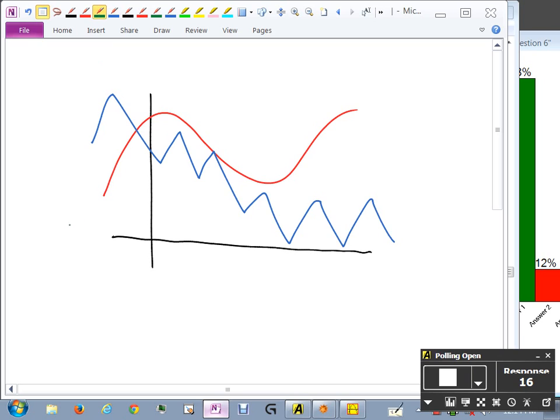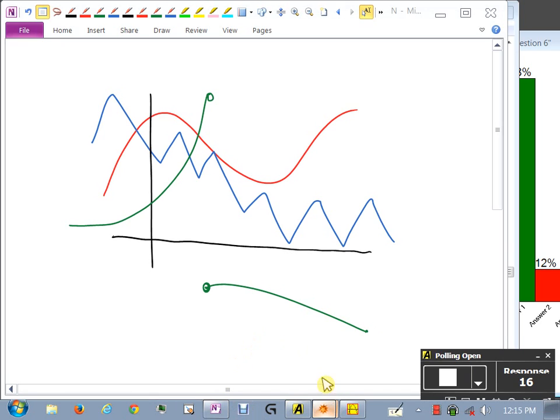Okay, how about this? No, that's not a continuous function because there was a jump, there was a break in the graph. I had to lift my pencil to do it. So for a class like this, continuous means you can draw it without picking up your pencil.